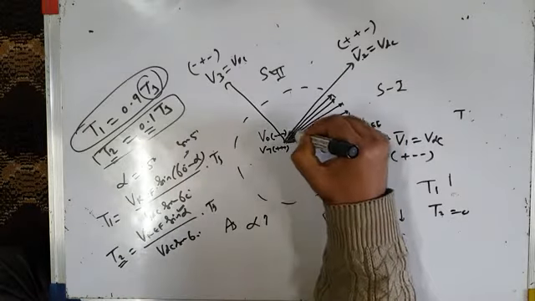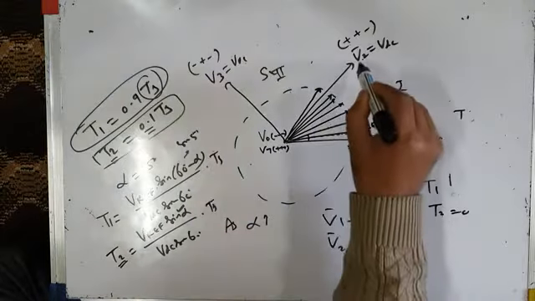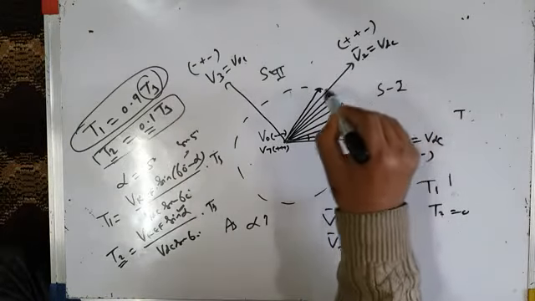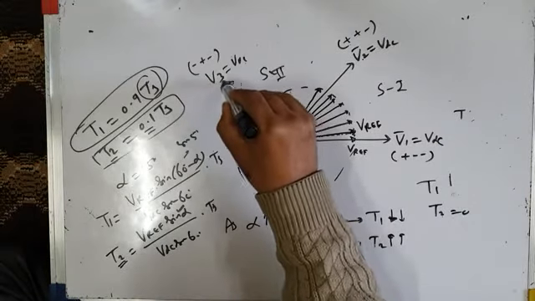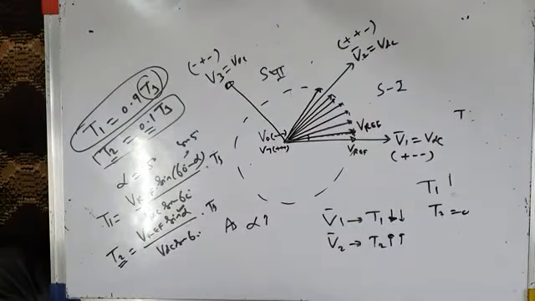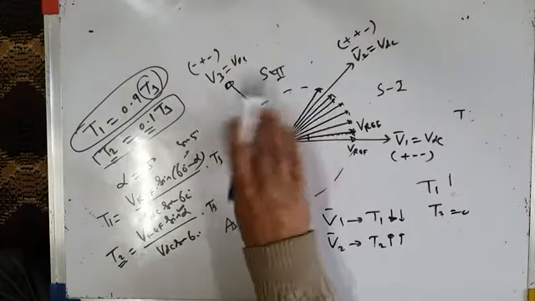When your reference vector is now somewhere here, T1 for which V2 voltage space vector is applied across the load is very high, and T2 for which V3 voltage space vector is applied across the load is very, very small. So the net result is that your reference vector is very close to V2 than V3.